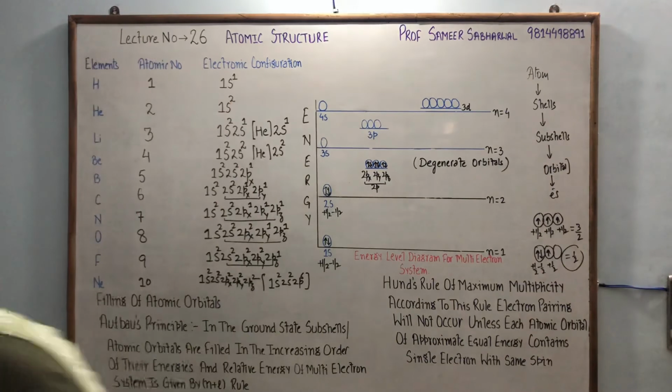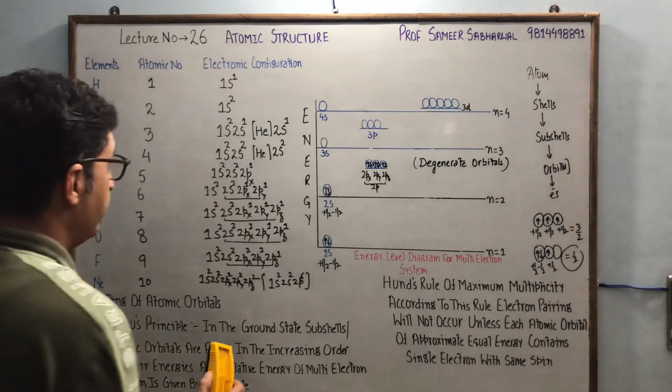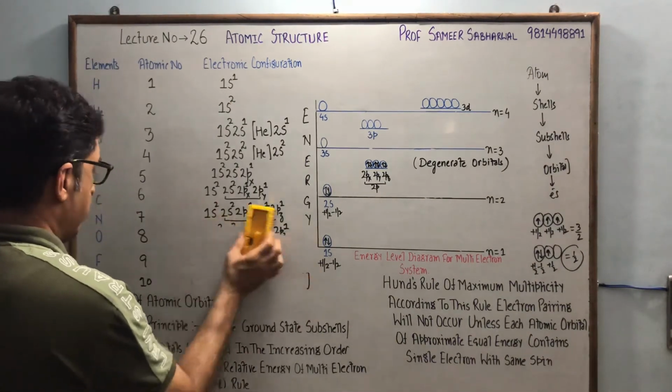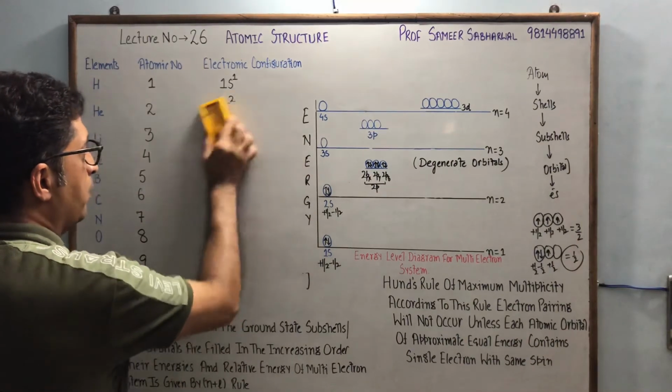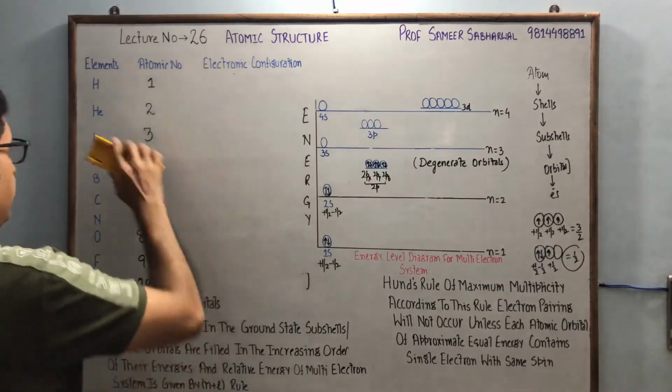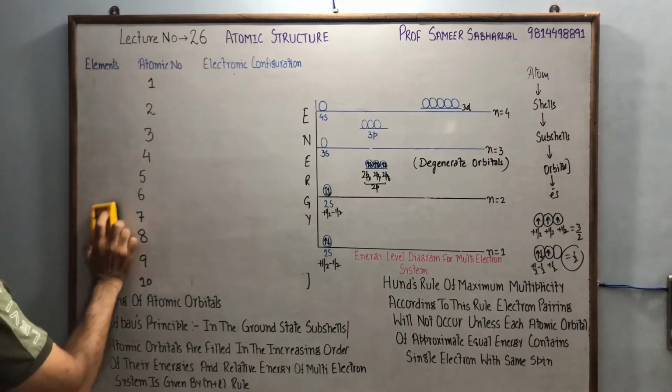Now I have mentioned electronic configuration up to atomic number 10. Now easily we can go up to atomic number 18. Let us finish this here.